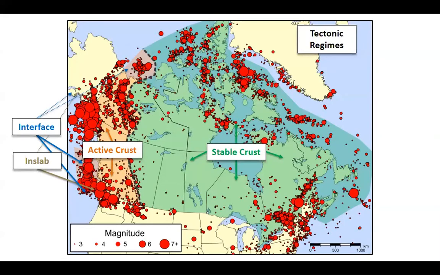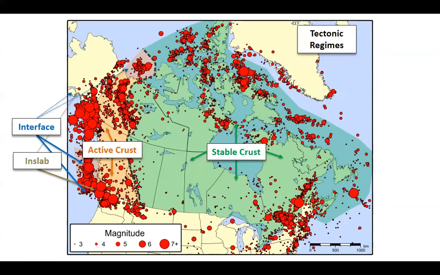We can subdivide Canada into different tectonic regions. We have the more tectonically active region on the West Coast, with interface events and in-slab events. But in Eastern and Central Canada, we have what is called stable crust. We're in the interior of the North American plate, and it has been tectonically stable for millions of years.